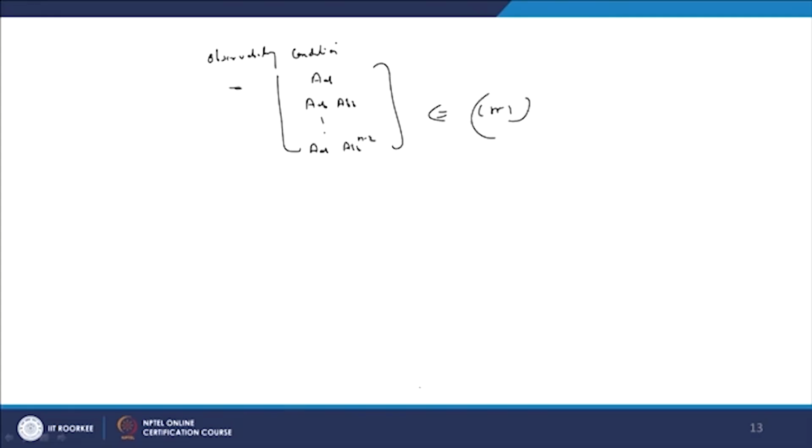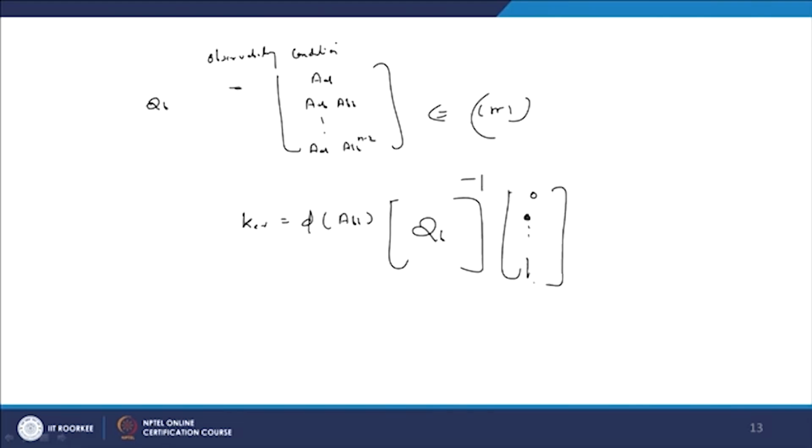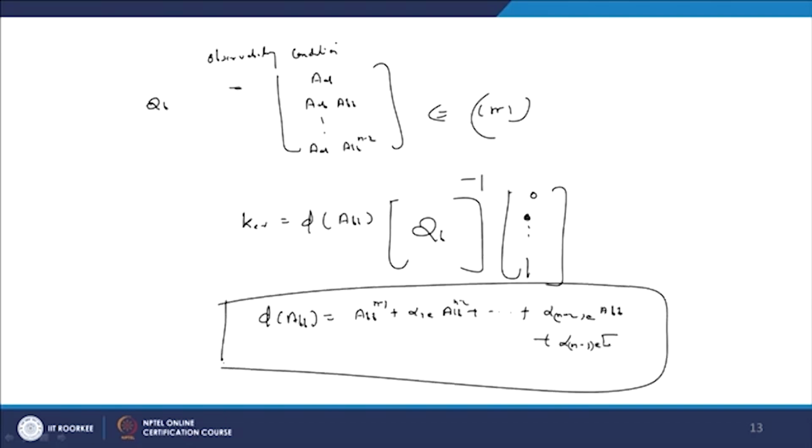If the rank is n minus 1, then the observability condition is satisfied, and from this we can design the gain KER as phi of ABB into the observability matrix QB inverse, into [0 0 1], where phi ABB is equal to ABB to the n minus 1 plus alpha 1 ABB to the n minus 2 plus, up to alpha n minus 2 into ABB plus alpha n minus 1 into I. So, this KER gives you the reduced order observer gain.